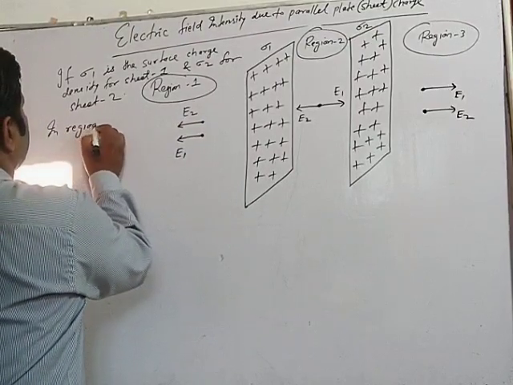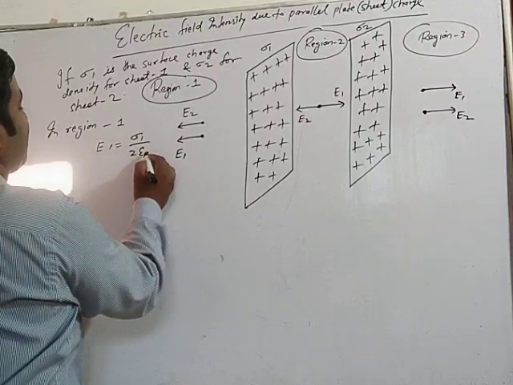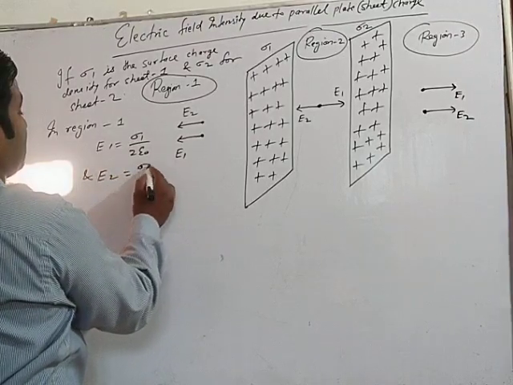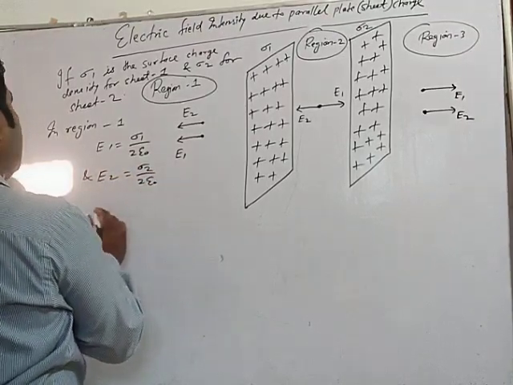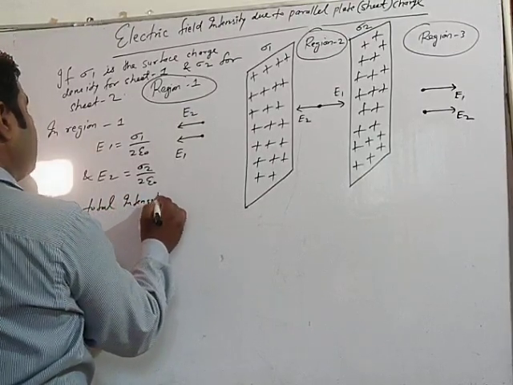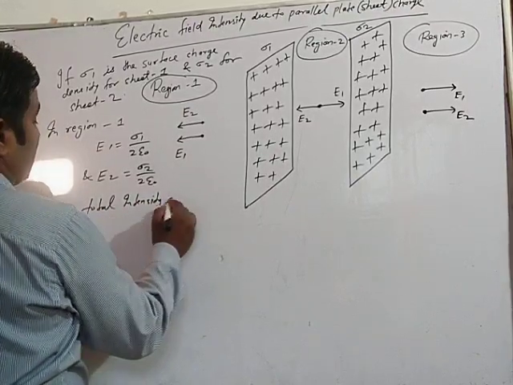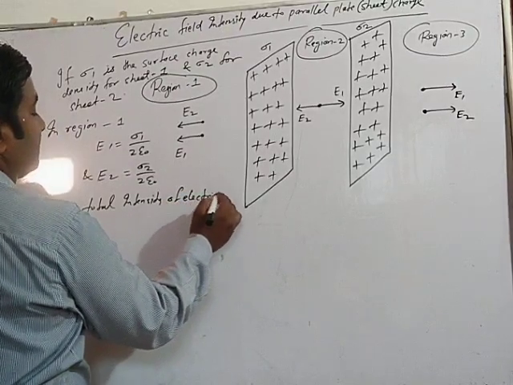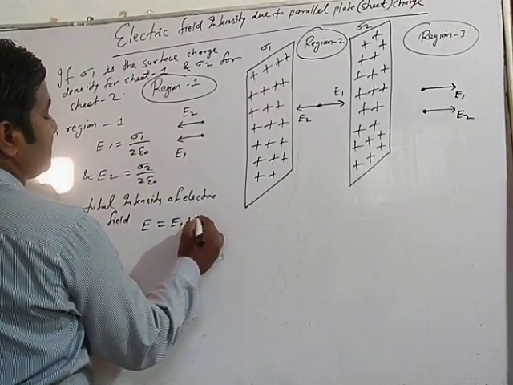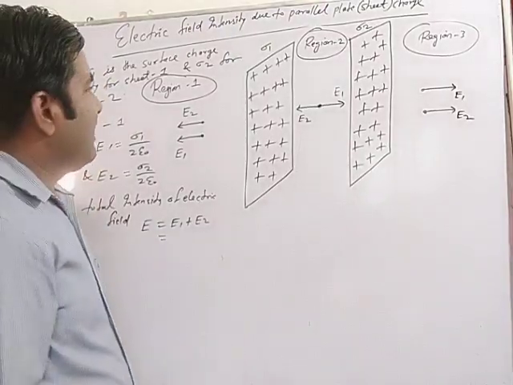In region 1, E1 is equal to sigma 1 upon 2 epsilon naught, and E2 is equal to sigma 2 upon 2 epsilon naught. Then the total electric field intensity is E equals E1 plus E2.